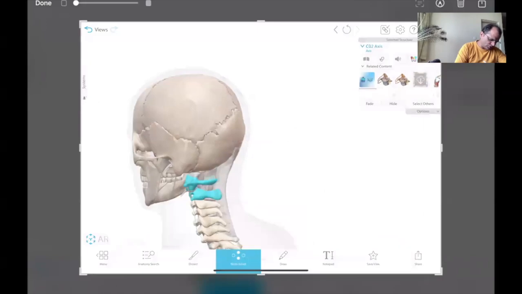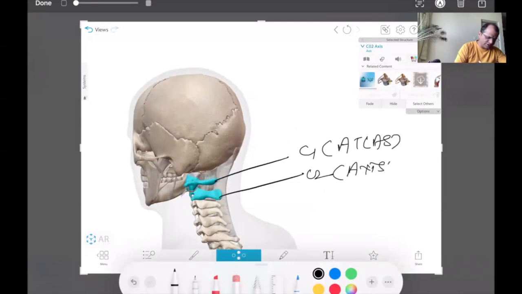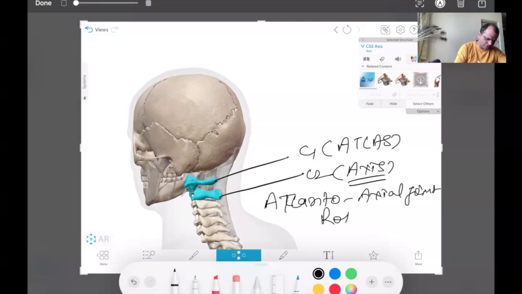The name of C1 is atlas, just we have seen, अभी अभी हमने देखा, इसका नाम है एटलस। And the name of C2 is axis, ये इसका नाम है एक्सिस। So this joint is called atlantoaxial joint. The major movement is a rotation or no type of movement. Okay. So this is atlantoaxial joint.